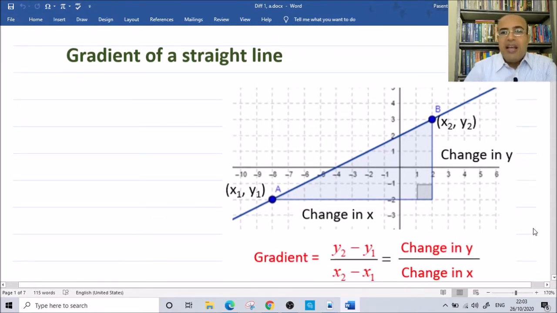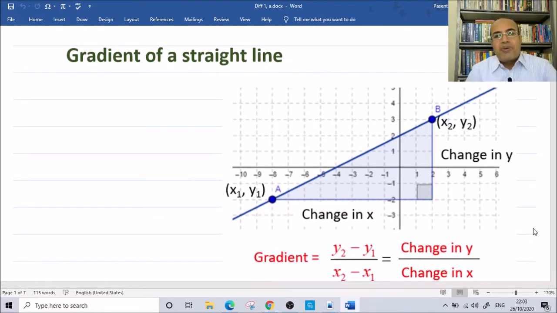For example, if that line passes through the points A and B, A is (x1, y1) and B is (x2, y2), so the gradient equals the change in y, which is y2 minus y1, over the change in x, the horizontal change, which is x2 minus x1.